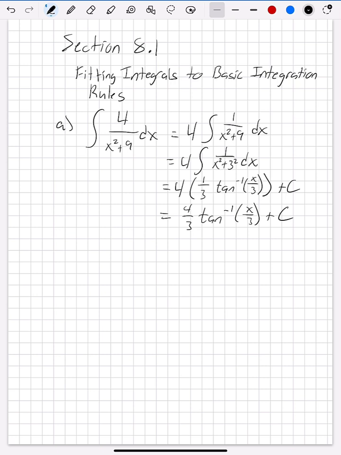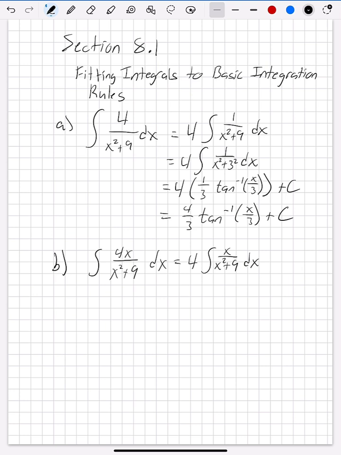Now let's look at one that's a very similar integral, but instead is the integral of 4x over x squared plus 9 dx. All right. Again, I'm going to factor out the 4. Now I've got x over x squared plus 9 dx. However, I don't have any kind of inverse trig here, so I need to start thinking about u-du substitution.